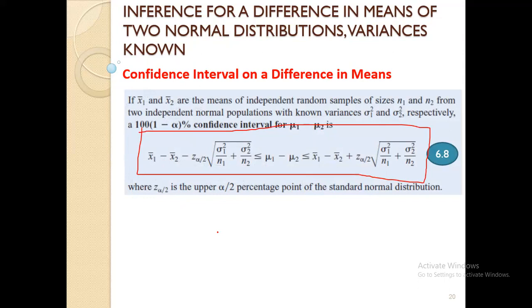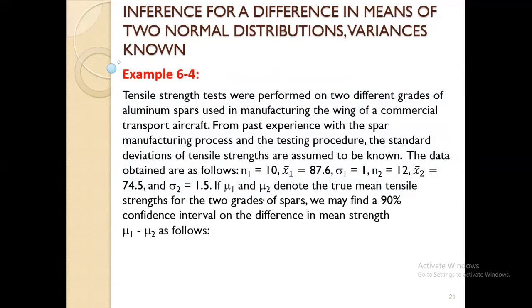The confidence interval between x bar 1 and x bar 2: this is the upper term, this is the lower term. We find this comes from the formula. Like for this example, we take the tensile strength of different grades of aluminum spar, used in manufacturing the wing of a commercial transport aircraft.